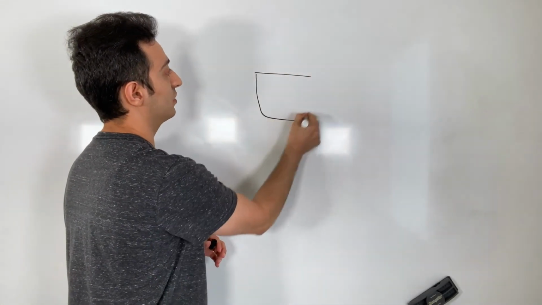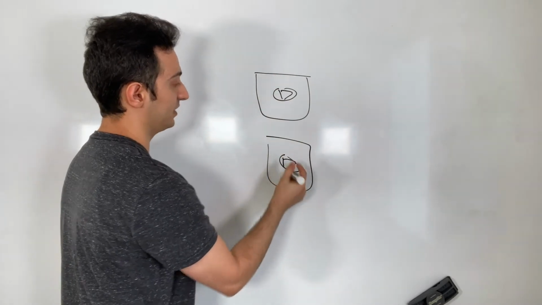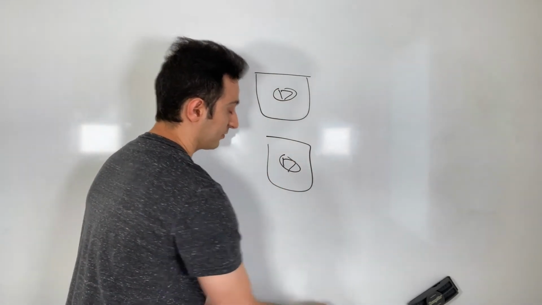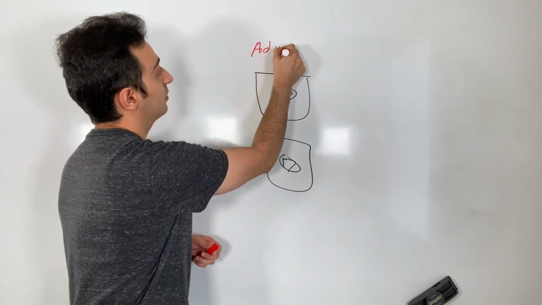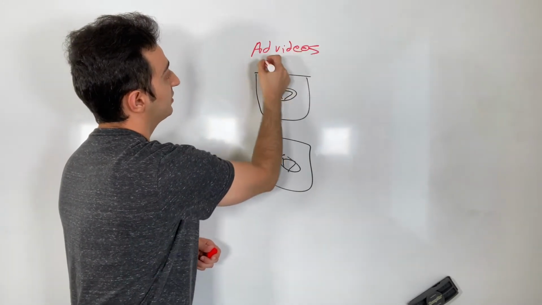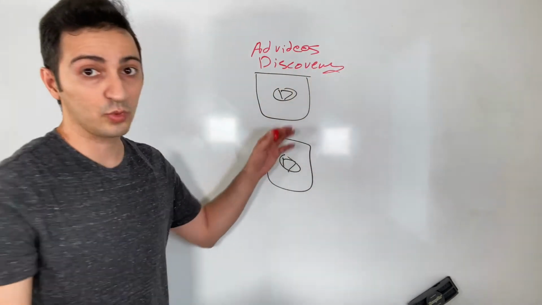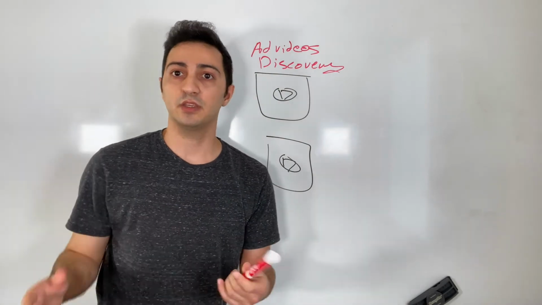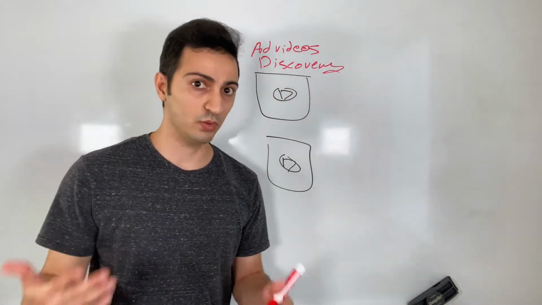The idea with this is that we're going to have two training videos, right? So these are our ad videos. Now this is going to be the discovery video. I'm going to talk more about this when we get to my computer, but the idea is that in YouTube you can target people in different ways.